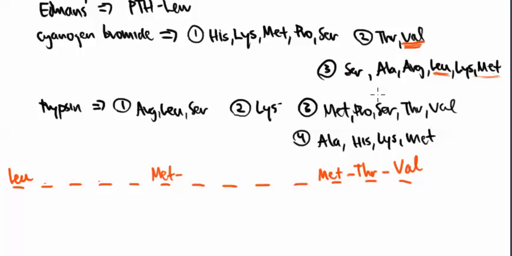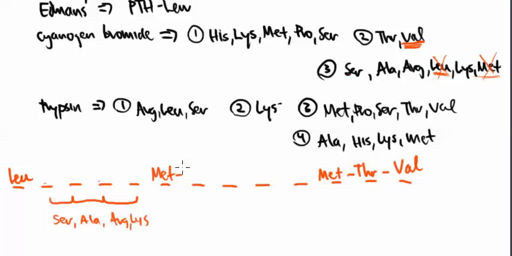And here is the methionine fragment. So that means these 4 spots are going to be available. Leucine I've taken care of. Methionine I've taken care of. That means these 4 spots are open for serine, alanine, arginine, and lysine. I know that those have to be sandwiched in there in some order. I don't really know what order yet, but I know they have to go in a certain order.